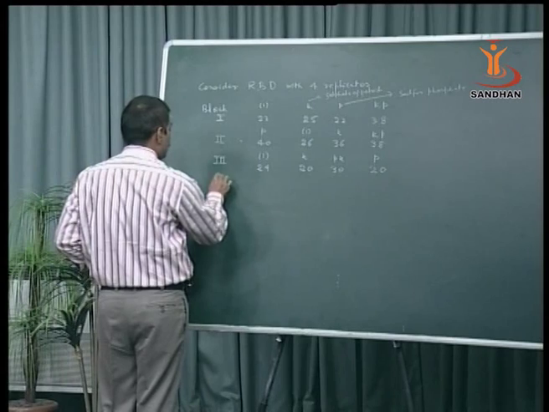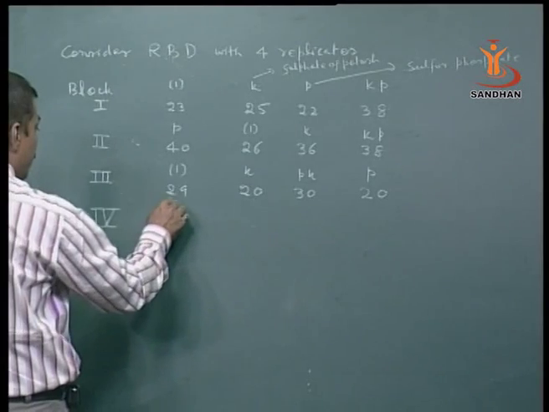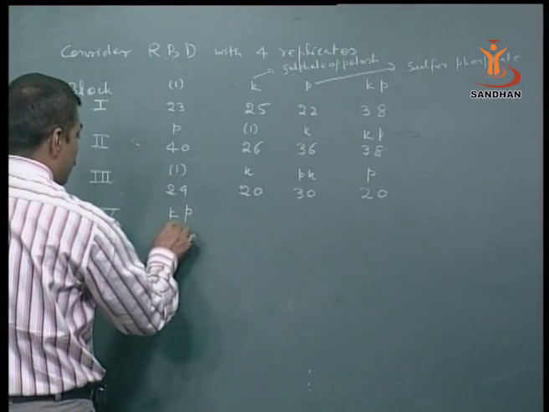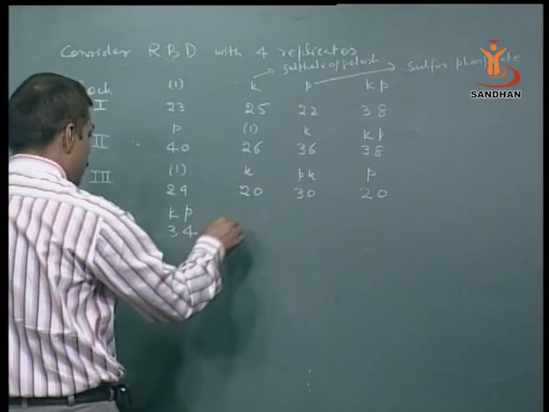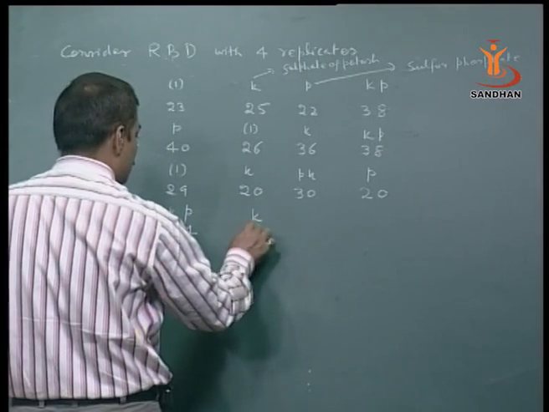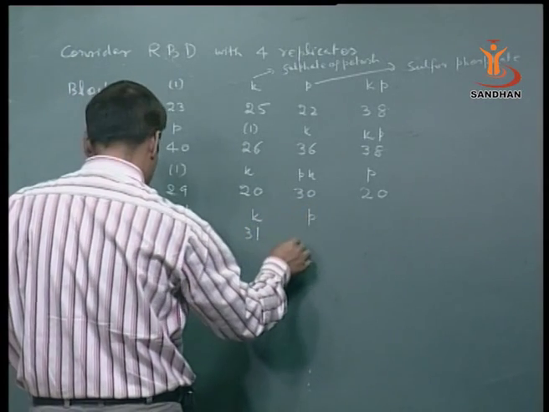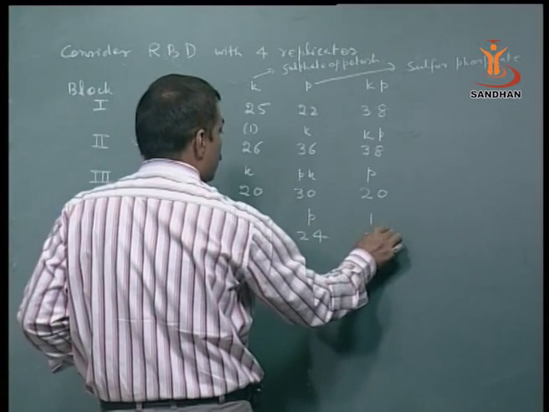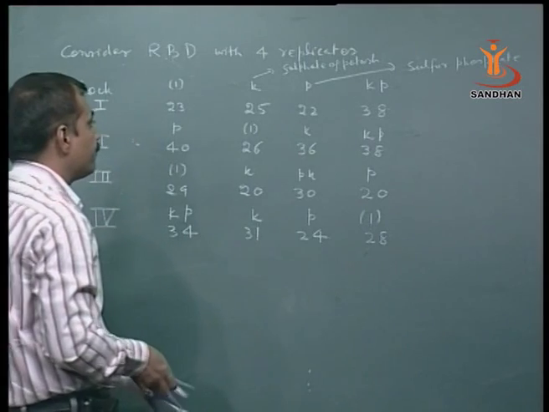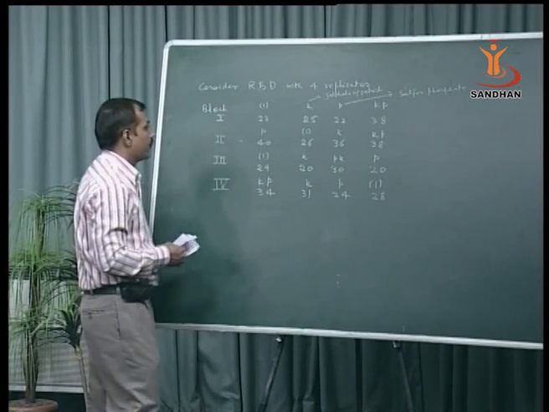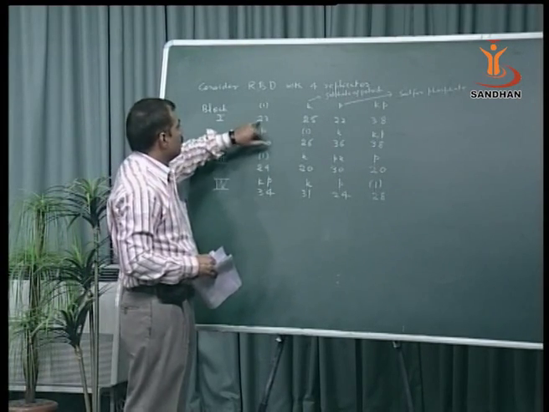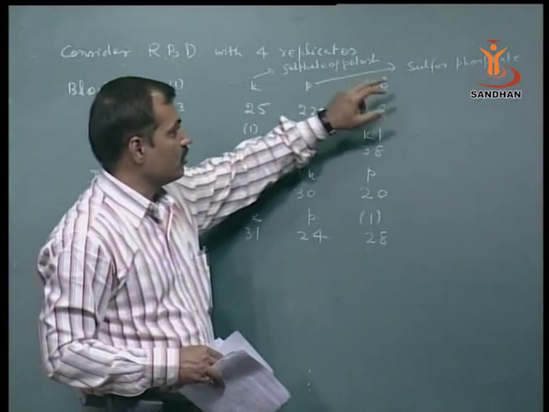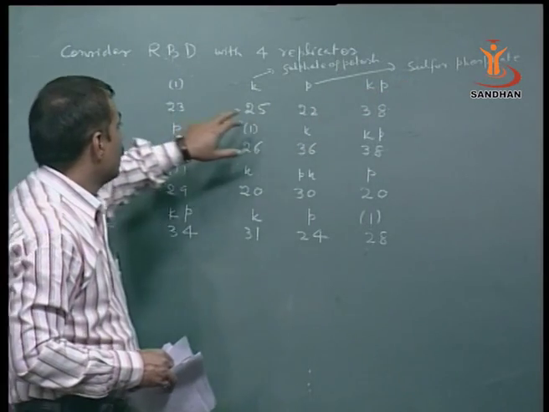And in fourth, when both chemicals are present, yield is 34, when K is present only, 31, P 24, and the control 28. Now, 23 is the yield when neither sulfate of potash nor sulfur phosphate is applied.